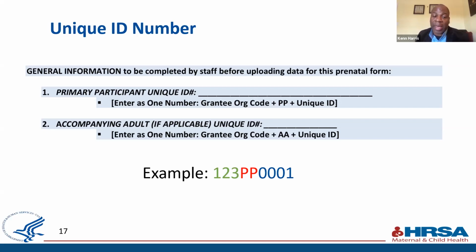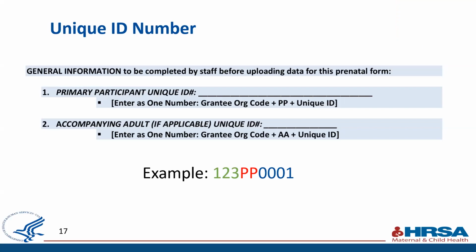Imagine 101 sites having their grant organization code plus pregnant participant and those numbers. It's easier to pull that data together, and any variation will skew things and make it more difficult. So again, we're asking folks to stick to the 4 digits at this time.